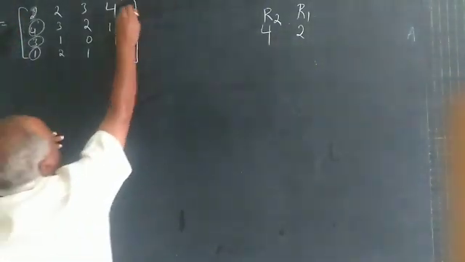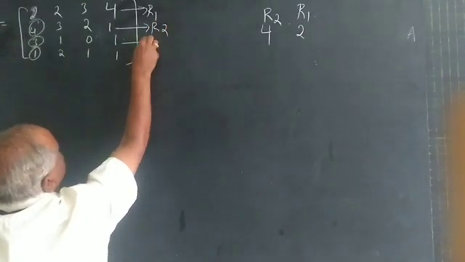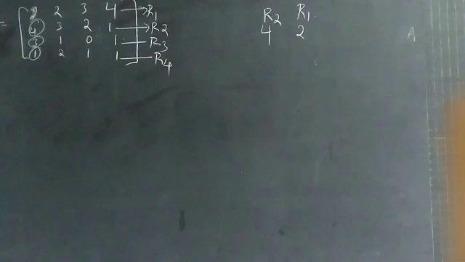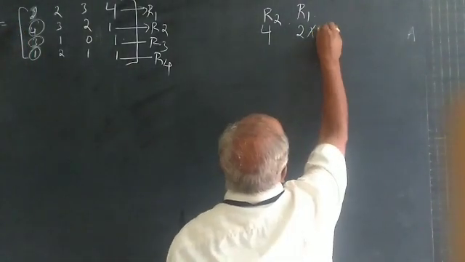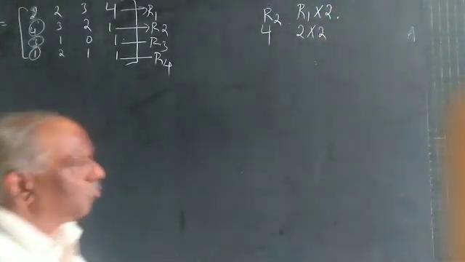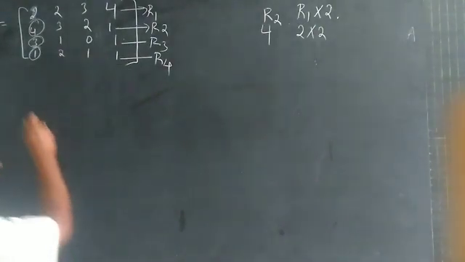Now you know this fundamental. This is R1, this is R2, this is R3, this is R4. Now this 4 is in R2, this 2 is in R1. Now make it equal, that means multiply by 2. This also should be multiplied by 2. So the row operation is the next step I am writing.